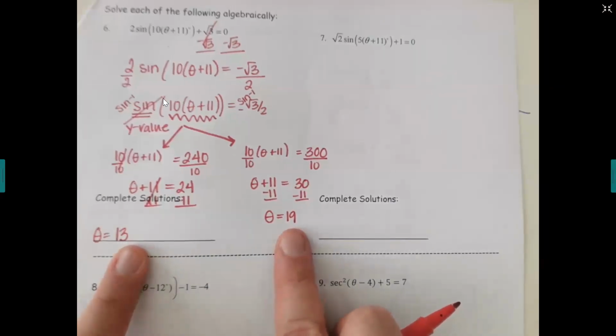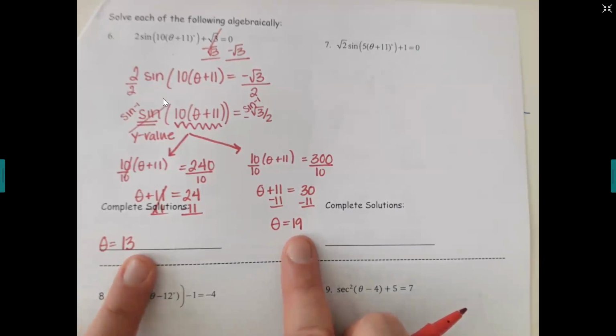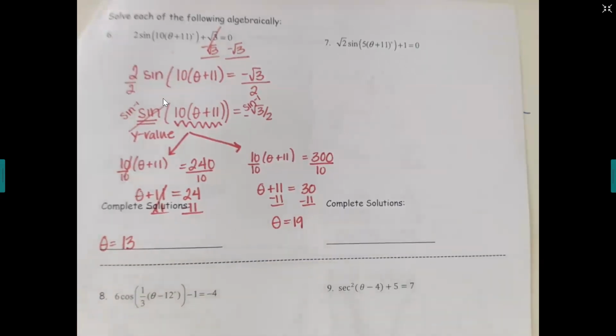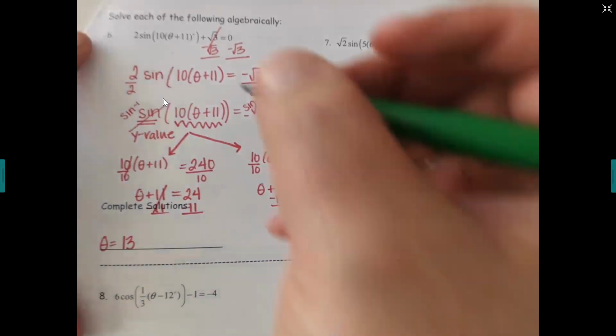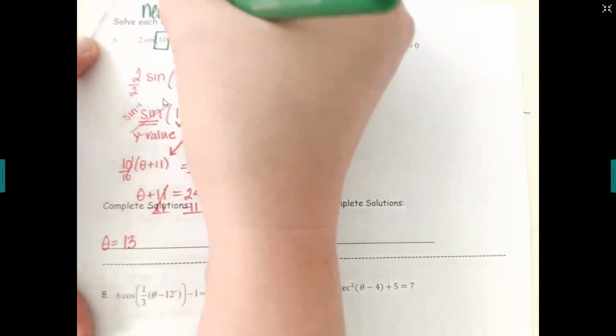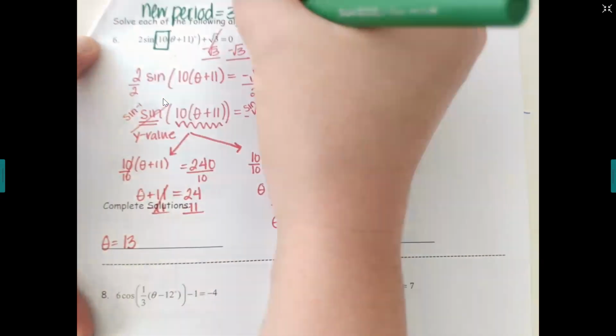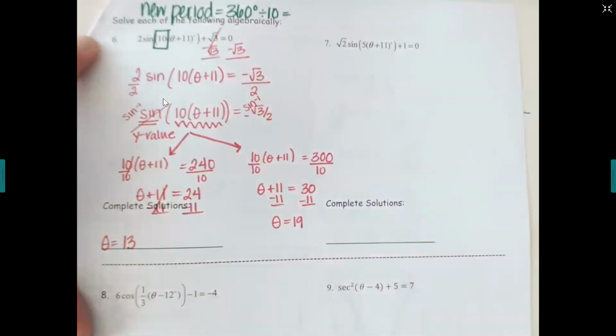Now from here, normally you would put plus 360n on both of those. However, if there's a number in the B spot, you have to change the period. So look back at your equation. Is there a number in the B spot? There is a times 10, and if there's a times 10, how do I find the new period? Divide. Very good, so I'm gonna put new period equals 360, and if they say to times by 10, we're really gonna divide by 10.